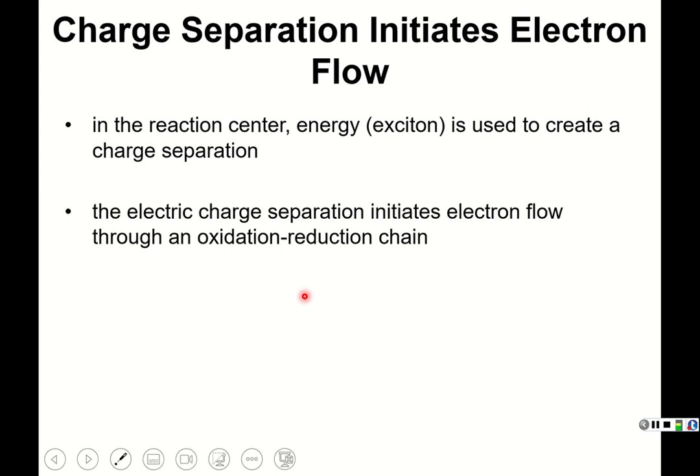Right? In the reaction center, this excitation energy is used to create a charge separation. Really, what you're doing when you're exciting that electron or electron pair in the reaction center is creating a negative charge, and the hole you leave behind is like a positive charge.